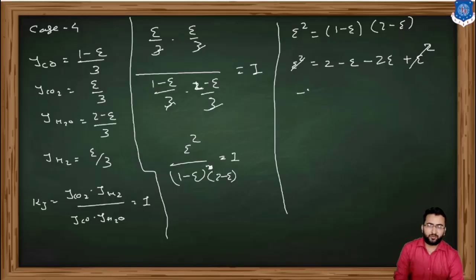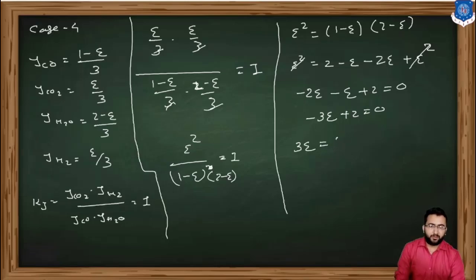So it becomes 2 epsilon minus 2 epsilon minus epsilon plus 2 is equal to 0. So minus 2 epsilon minus epsilon becomes minus 3 epsilon plus 2 is equal to 0. Taking this to the other side, 3 epsilon is equal to 2. So epsilon is equal to 2 by 3.